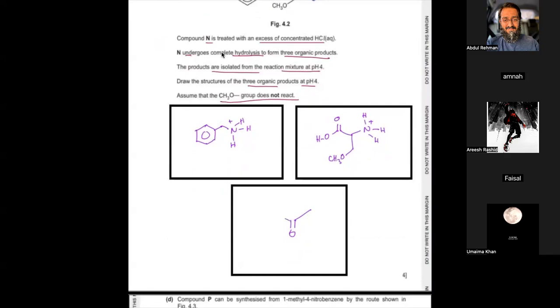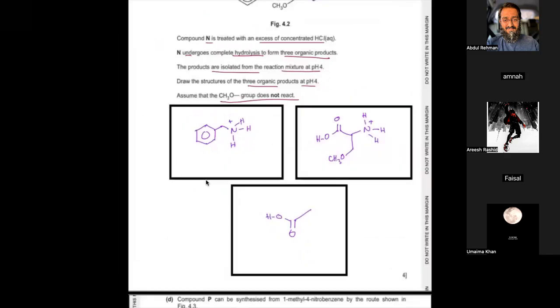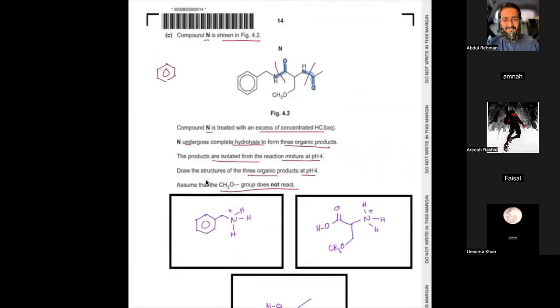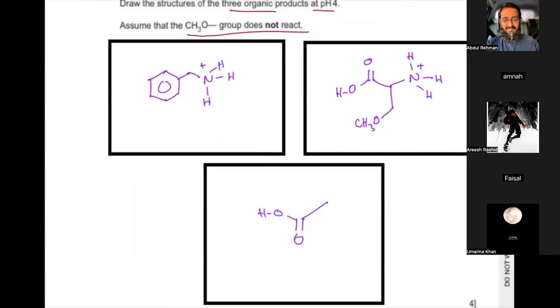So same over here, you will get OH and you will get carboxylic acid. Is this clear to all of you? Because they have mentioned that the conditions are highly acidic, right? So if the conditions are highly acidic, the bases which are formed are actually turned into their conjugate acids by accepting the hydrogen. Is this clear to all of you?